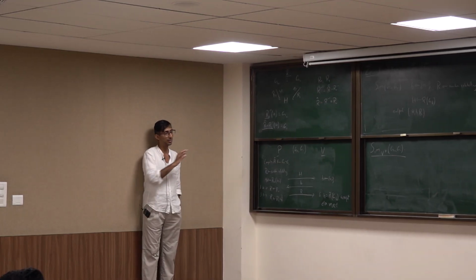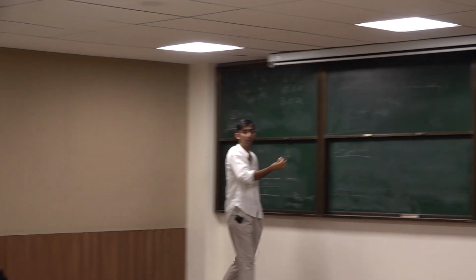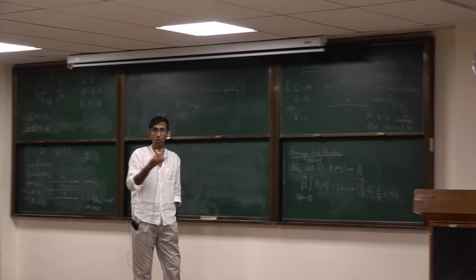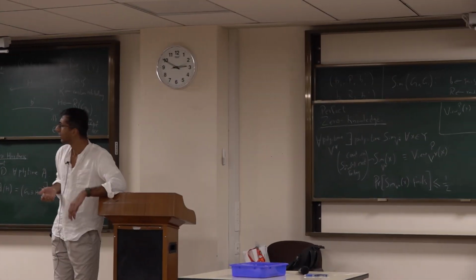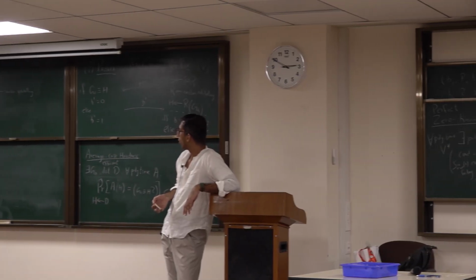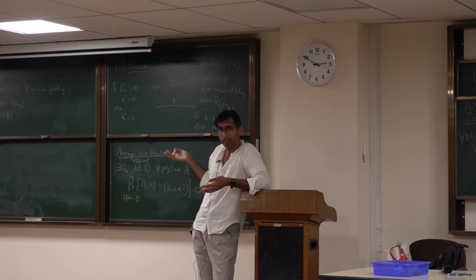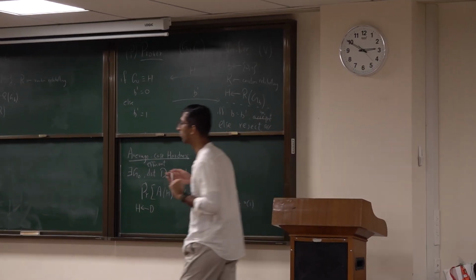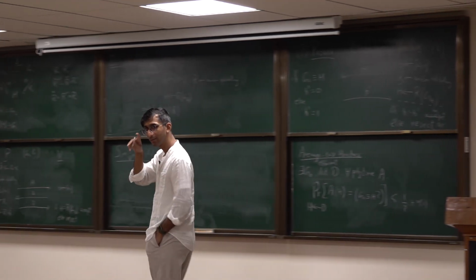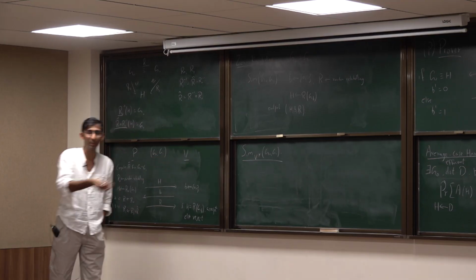Now you have the simulator, which knows the program of V star. It can do whatever it wants. It can run it multiple times. So then what are we going to do? How are we going to use our knowledge of V star to simulate the view of V star? How should we do this? In particular, it can do that because it has the code of V star, it can run it.